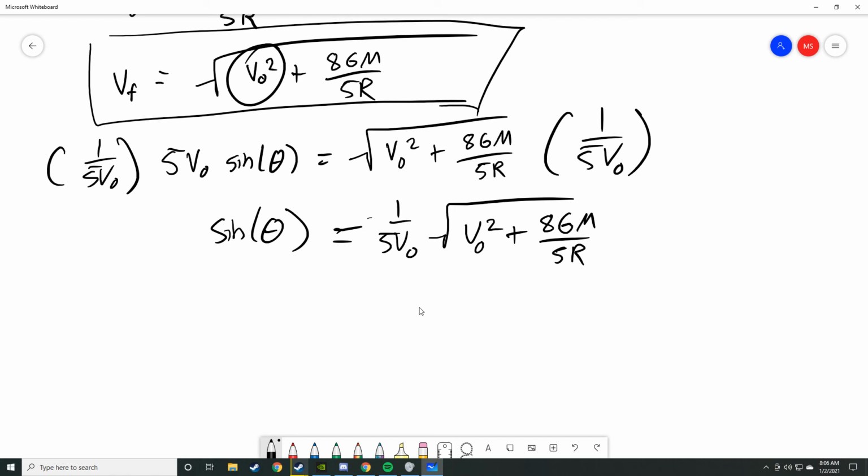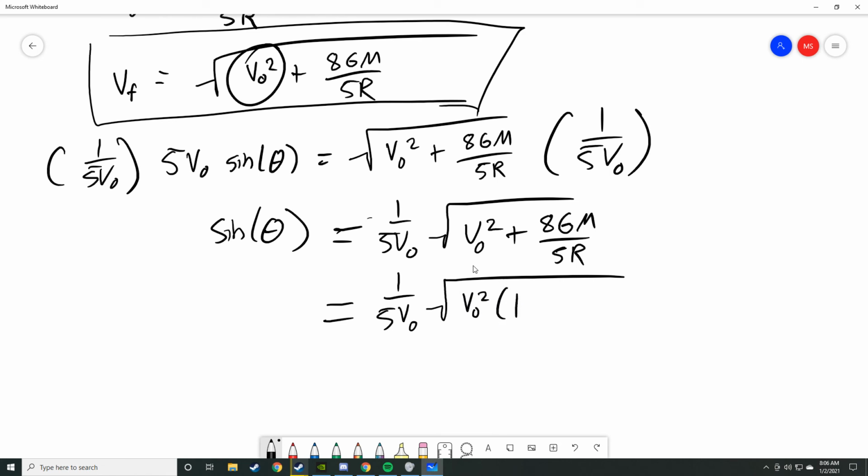Okay, now the thing about this is, let me just beg the question, what if you wrote it like this, 1 over 5 v naught, square root here, and what if I just factored out a v naught squared here?